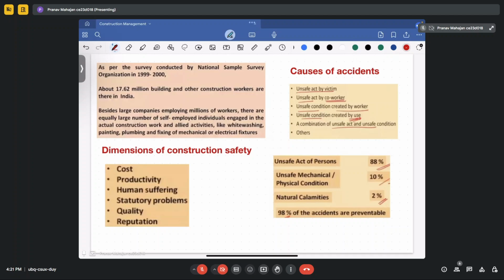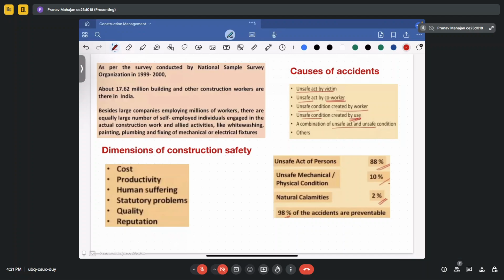Besides large companies employing millions of workers, there is an equally large number of self-employed individuals engaged in the actual construction work and allied activities like washing, painting, plumbing, and fixing of mechanical or electrical equipment. These are all interrelated, and they may cause problems related to accidents.